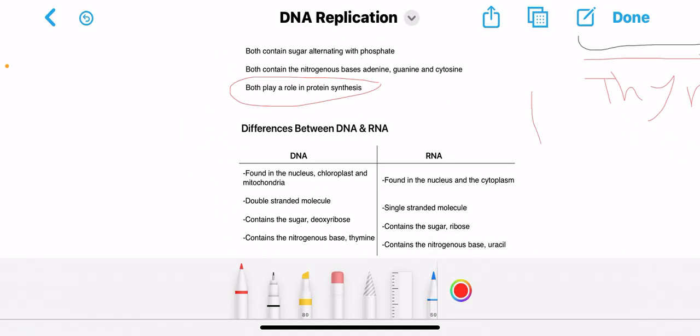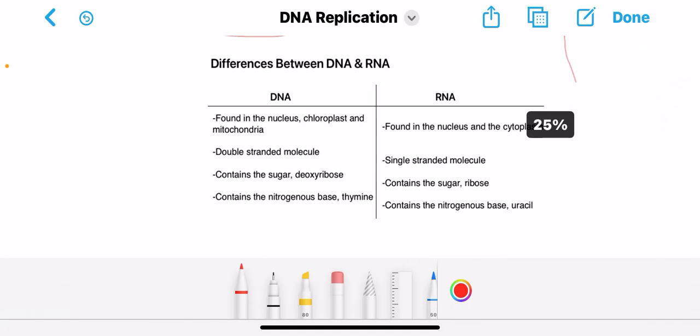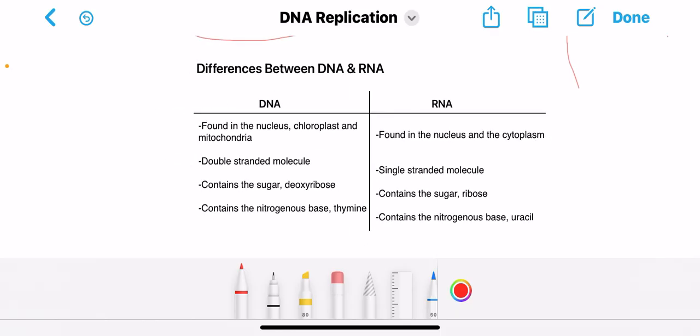Now, let us go to the differences between DNA and RNA. Remember, these are questions the examiner is going to ask you in the exam. He's going to say tabulate 2 differences, or 3 differences, or 4 differences between DNA and RNA.